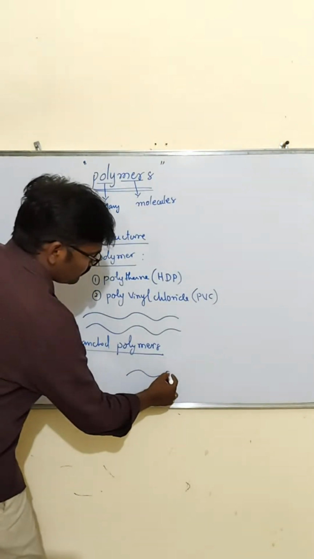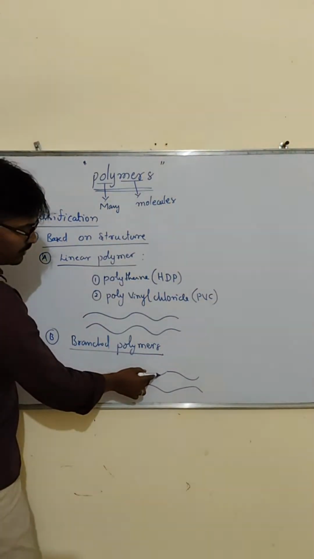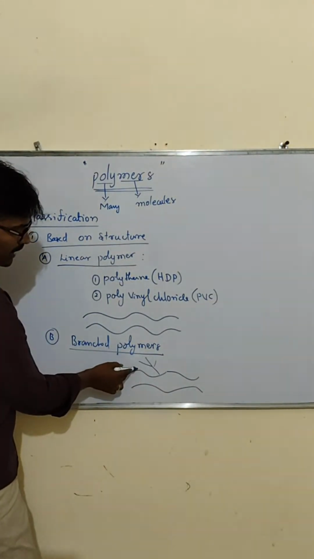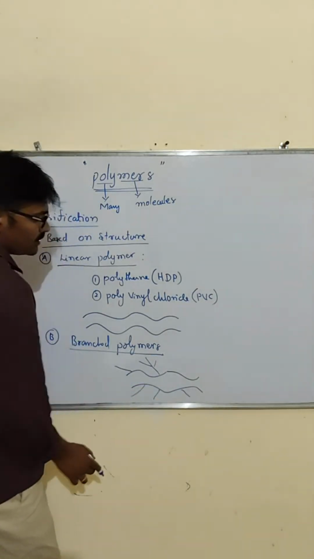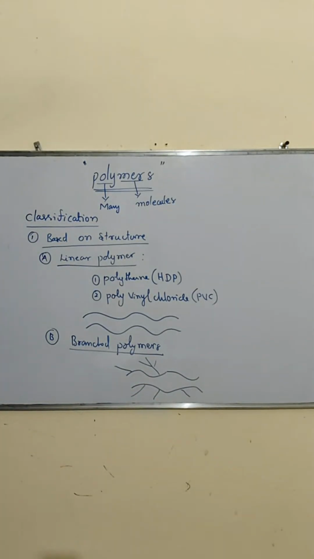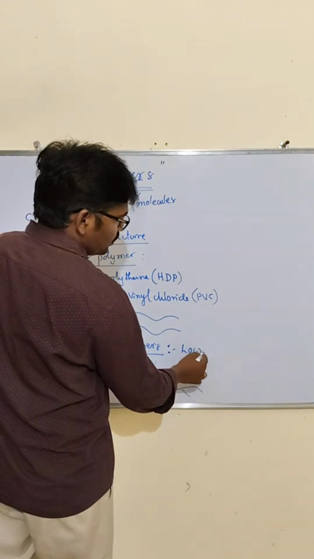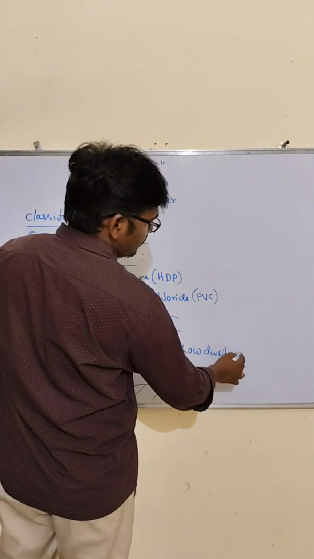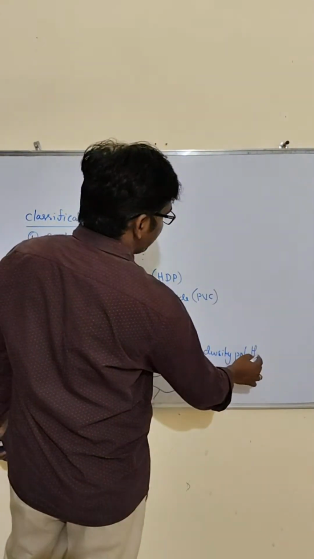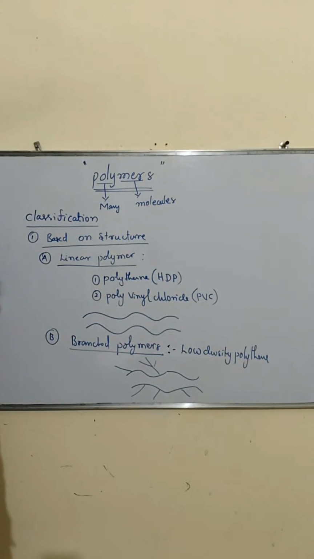In case if it will be present like this, then some of the branches will be formed. So these we call branched polymers. So what are the example for the branched polymers? Low density polythene is branched polymer.